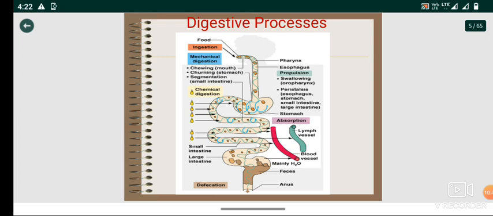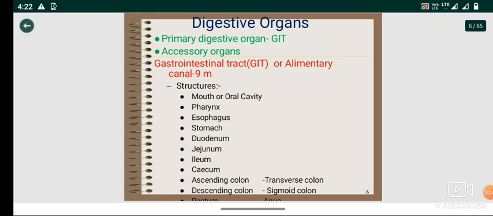Now the organs of the digestive process, or we could say the digestive organs.